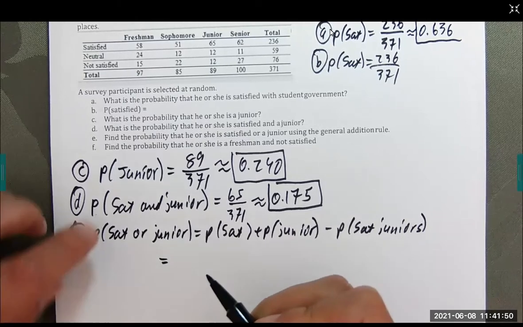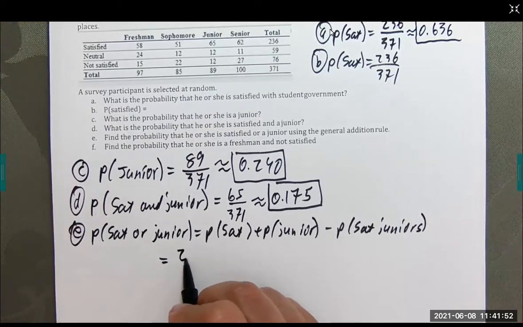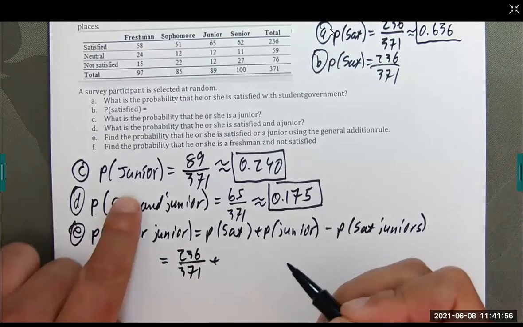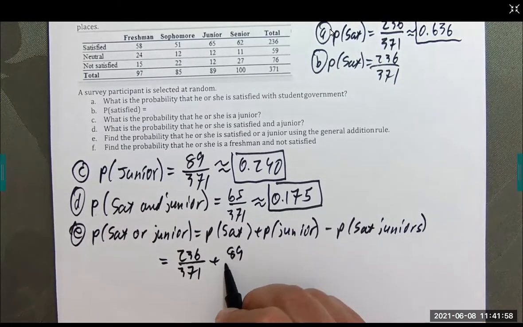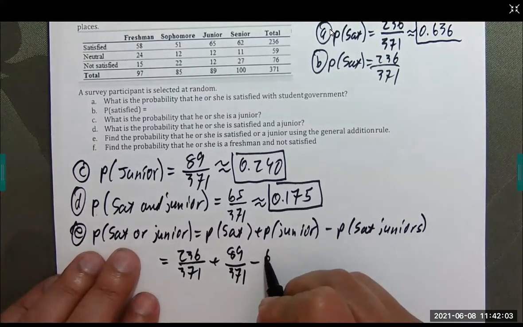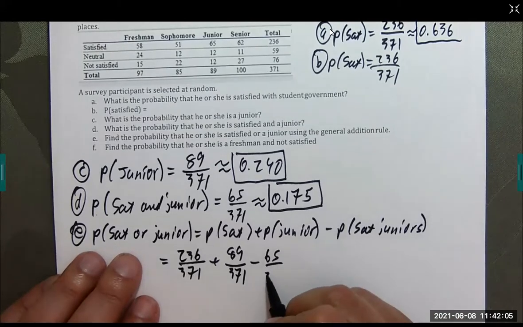Satisfied 236 over 371, probability of junior, 89 over 371 minus 65 over 371.